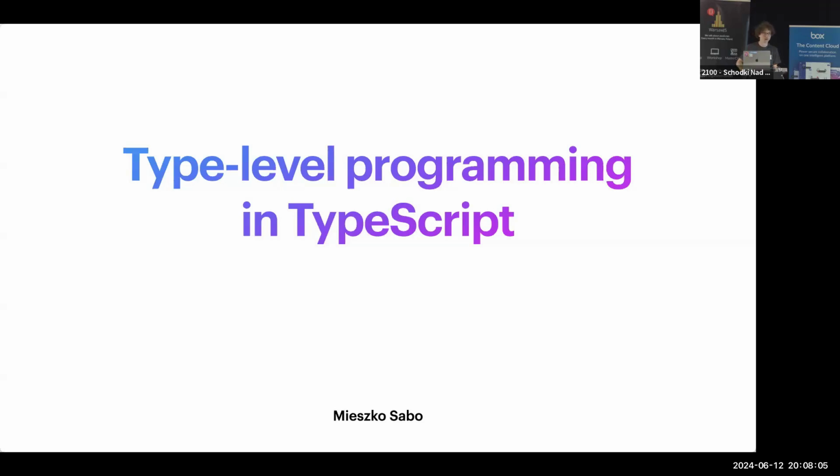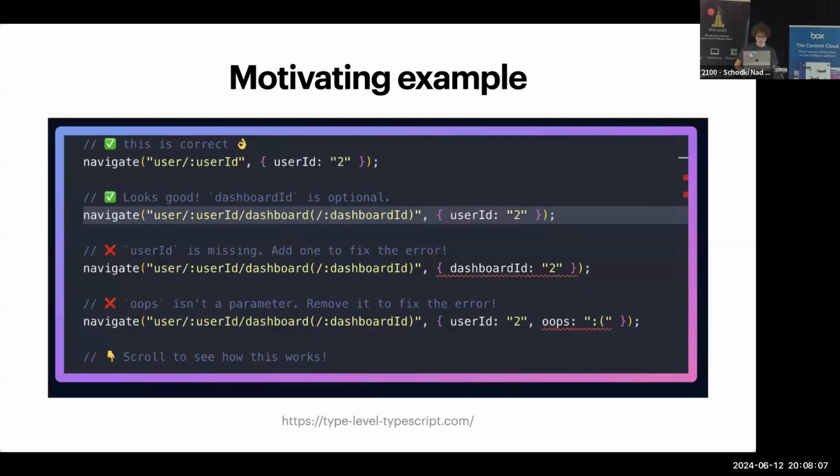about type level programming. So here we can see a navigate function that takes in a URL with some parameters and an object that provides values for these parameters. What's really interesting here is that the type of the second argument seems to be inferred somehow from the URL.